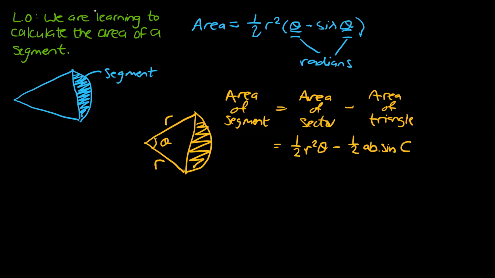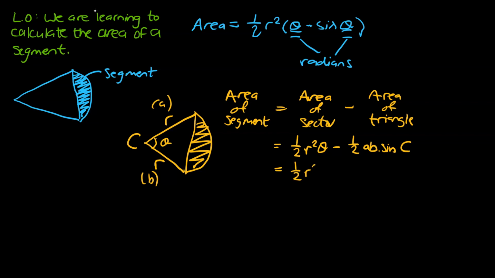So just a reminder, the angle was always referred to as big C, and A and B joined together to form big C. So that means A and B are both going to be r, and C is going to be the given angle. So let's carry on working with that.